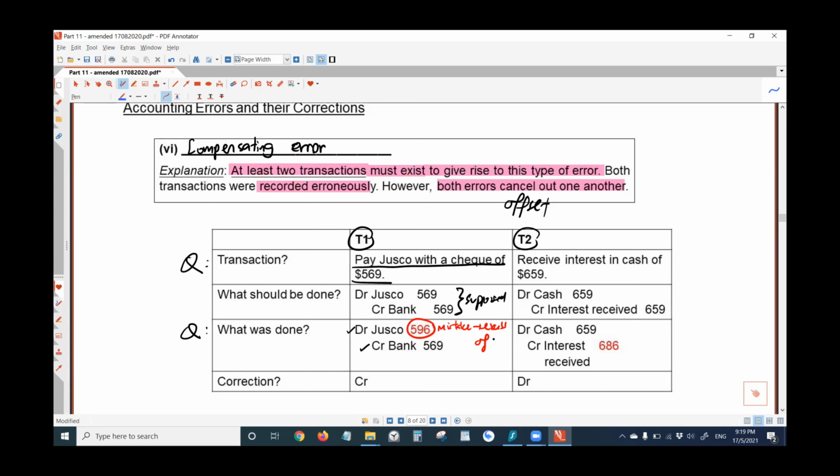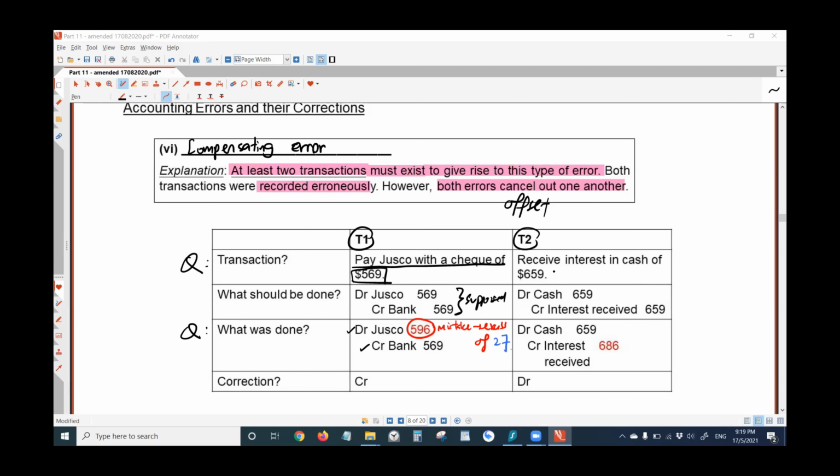Do you get 27? You agree? It is in excess of 27? Okay, good. So focus. Here for transaction 1, the debit entry is in excess of 27.